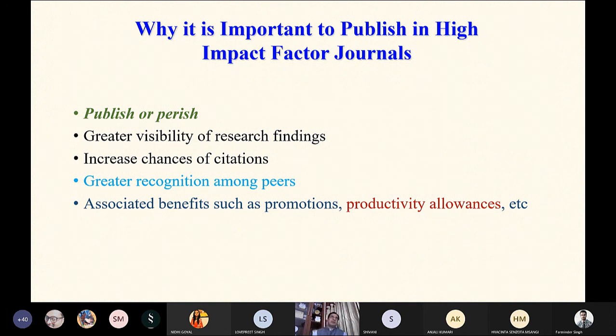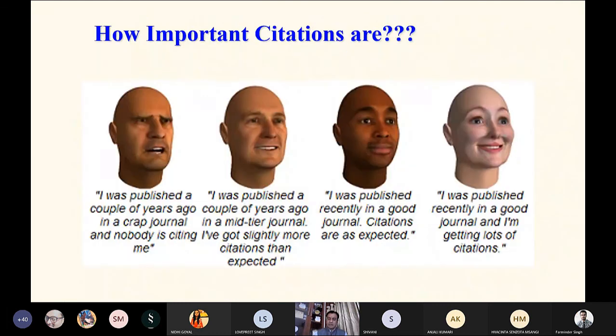At the IIMs, if the faculty and research scholars get a paper published in a category journal, they offer 4 lakh rupees for that publication. So this is how you can realize how much importance they give to a quality publication and to getting it published in a high impact factor journal.